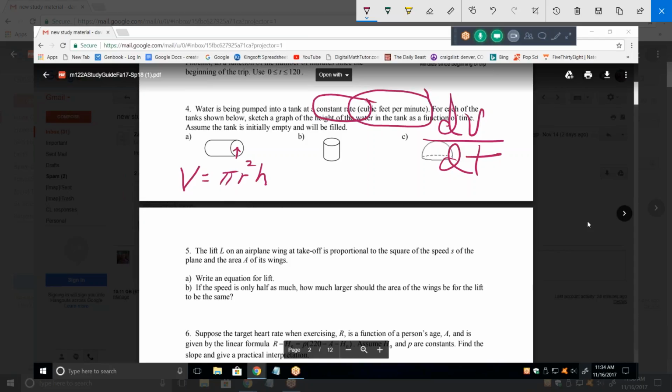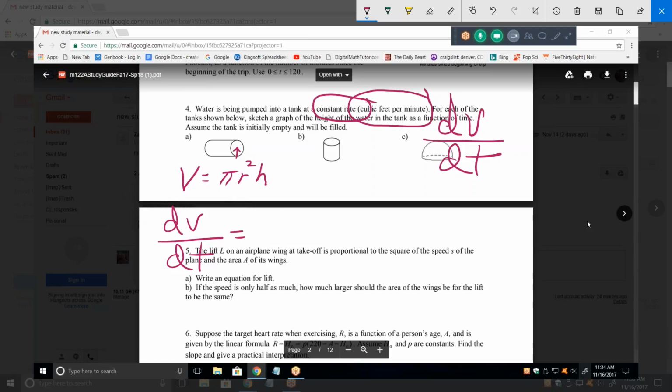Okay. We know the volume of that cylinder. Is it possible that, let's see if I can solve it with calculus.